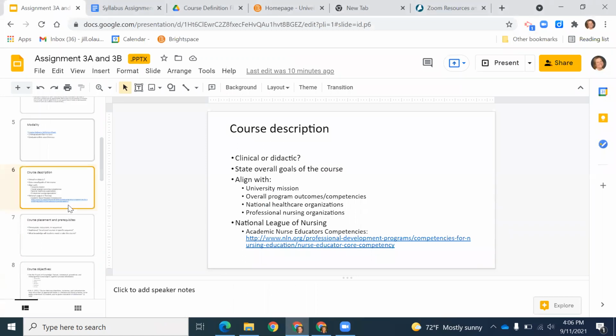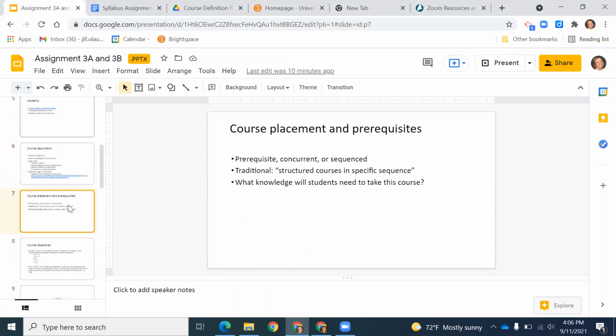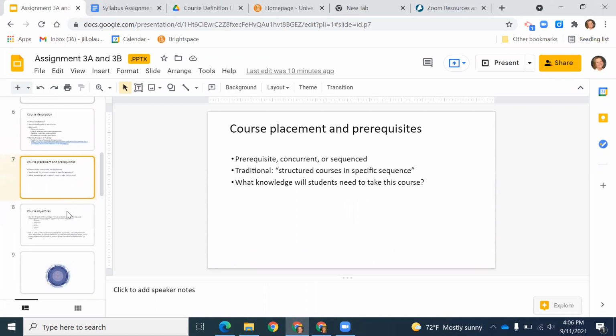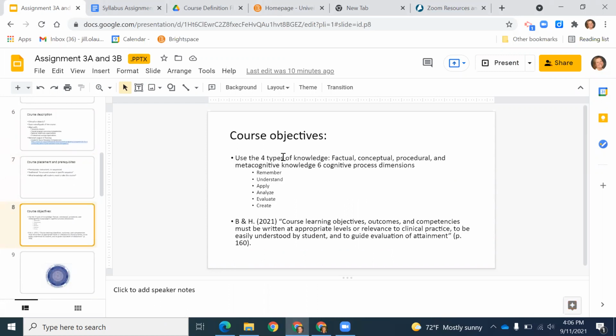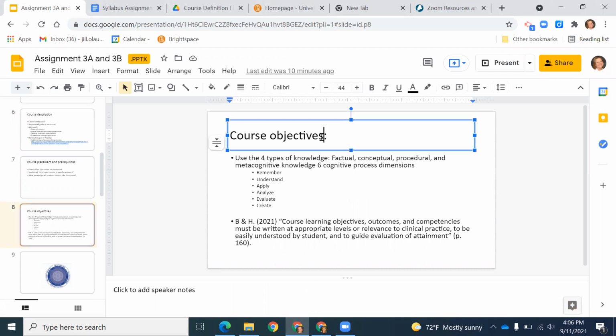Okay. So we just jumped ahead to course, Jill, it's not objectives, course outcomes. Sorry about that, guys. Outcomes. And I saw again in Billings and Halstead that they did review at the beginning of chapter 10 the difference between competencies, outcomes, and objectives.